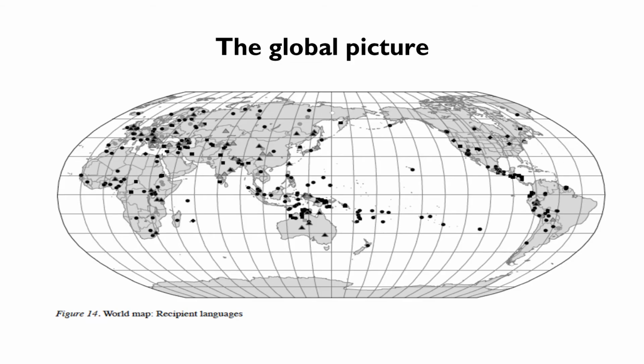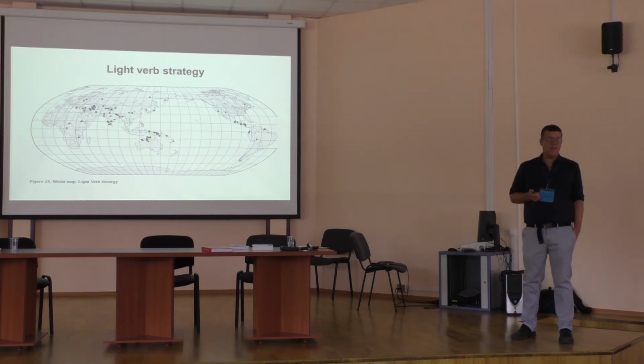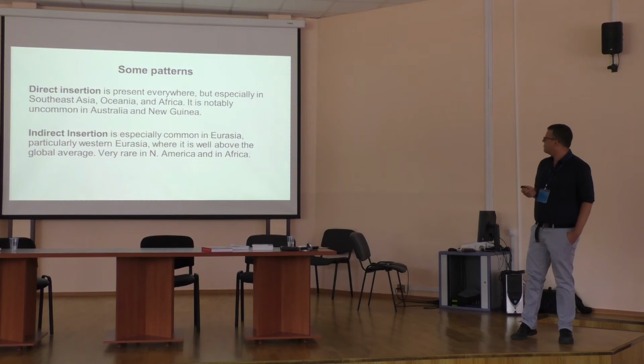Okay. Now, if we look at the global picture, that doesn't tell us anything, so I'll break it down. This is direct insertion. You see it pretty much all over the world. This is indirect insertion. Here you see more areal clustering. This is light verbs. Again, areal clustering. You see where this is popular. And paradigm insertion, we can use the small map because it's only found in the Eastern Mediterranean.